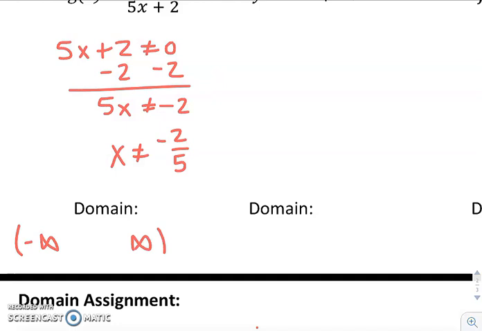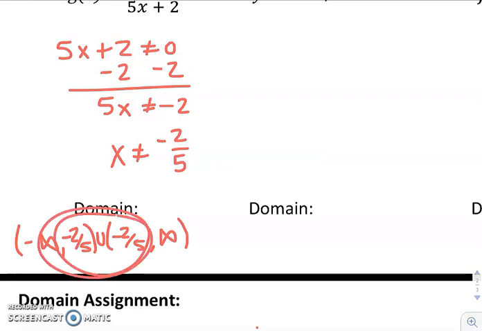So how we note that is we say negative infinity to negative 2/5, and then we skip over that value. That's what the U is. It's showing that there's a gap there. So it's coming all the way up to negative 2/5 from the left, from those negative values, skipping over it, and then continuing to positive infinity.